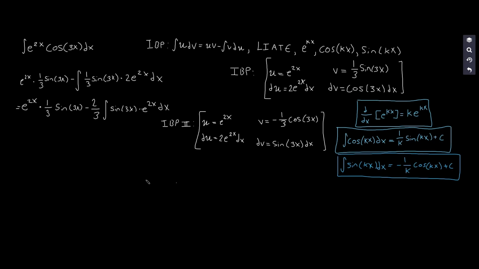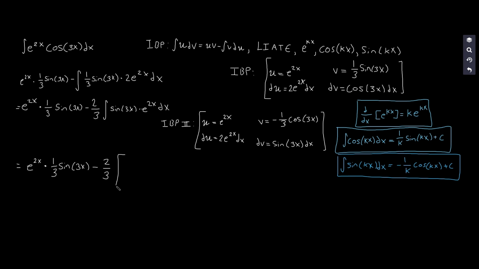And so now we're just going to go ahead with our setup. So everything, we're just going to bring this down, just like that. And I already factored out that two-thirds.